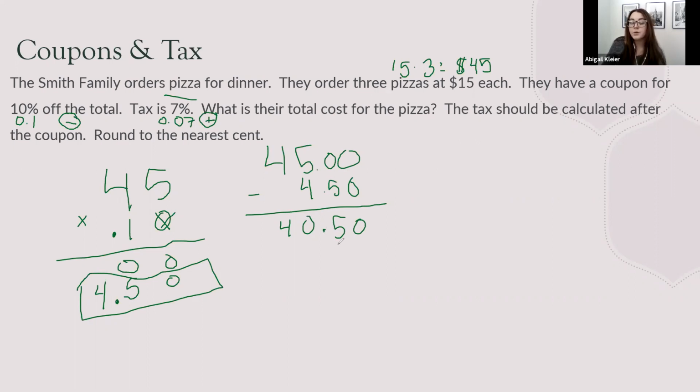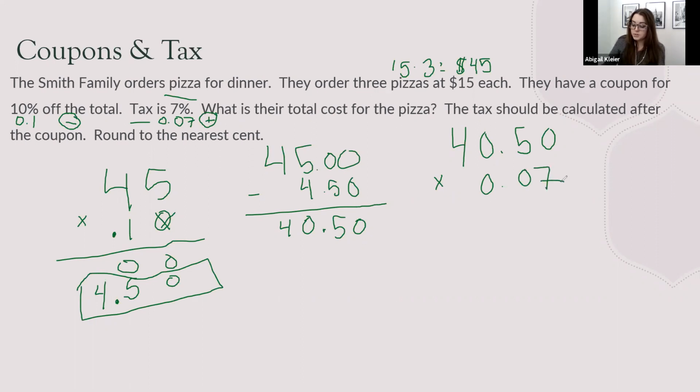So I found the price of the pizzas after the coupon. My next step is finding the tax. So I'm going to take the new price of my pizzas after the coupon, $40.50, and I'm going to multiply that by my tax rate, which is 0.07.